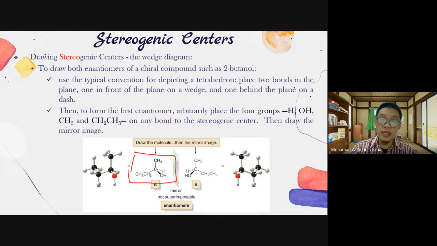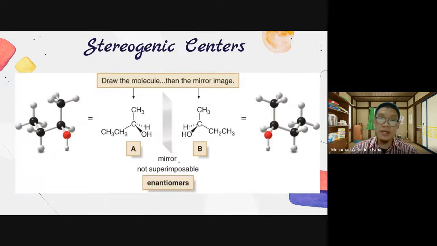The only difference is what type of functional group is attached to the particular carbon. Two bonds are in the plane, here and here. One is in front of the plane on a wedge, OH here, and one behind the plane, OH dash, here. Then to form the first enantiomer, arbitrarily place the four groups, and just draw it like a mirror image. Easy.